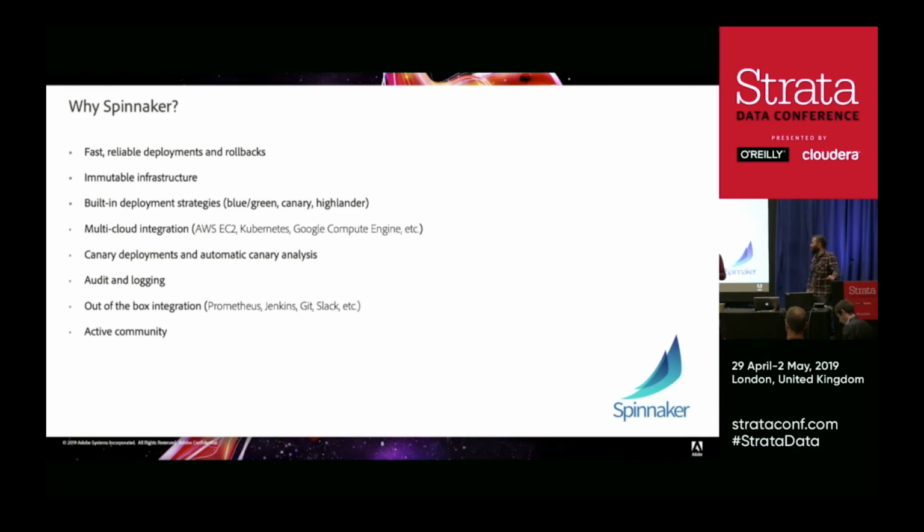So Spinnaker is a set of microservices that you can run. You can even run it now in Kubernetes. It's very easy to set up. What we did 2 years ago when we started this, we actually deployed it in Amazon using VMs, virtual machines. It was a bit more cumbersome. But right now with Kubernetes, I think it takes like 10 minutes to set it up.